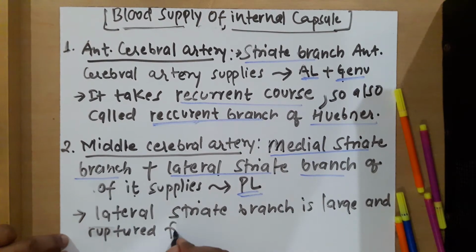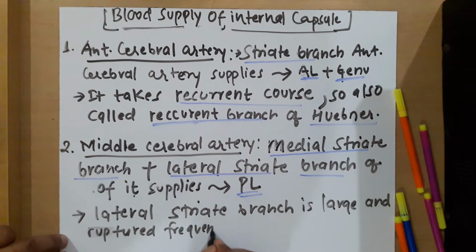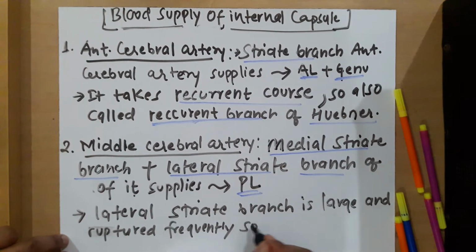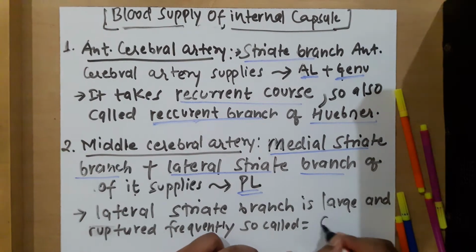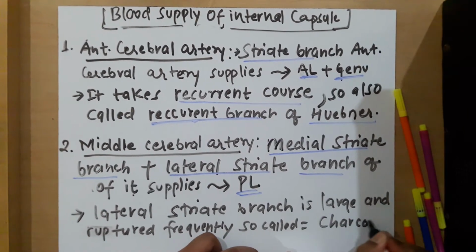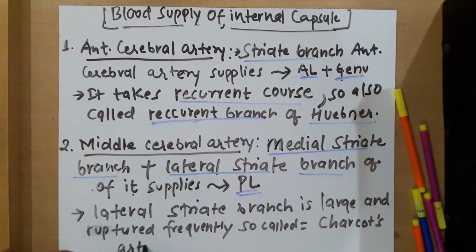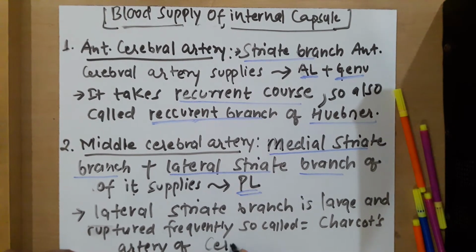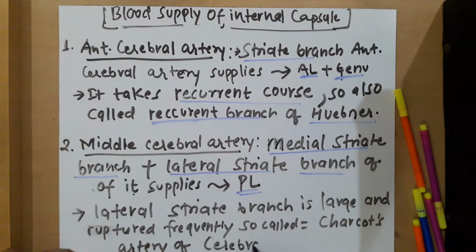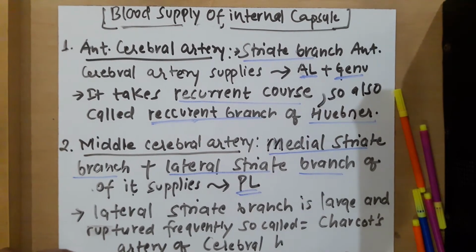So it is called Charcot's artery of cerebral hemorrhage.